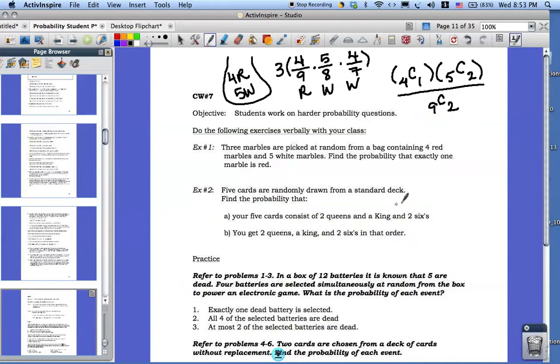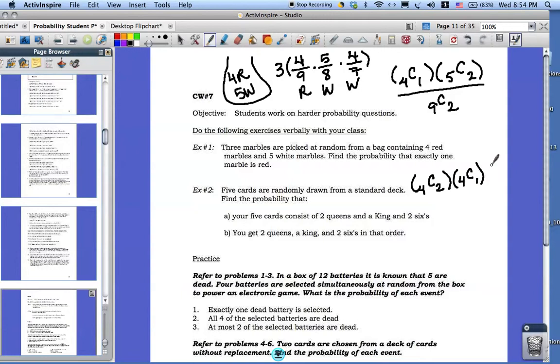In example number 2, thinking this way, you want to come up with 2 queens, a king, and 2 sixes. And you don't care about the order. So 2 queens means that you're going to be choosing 2 out of the 4 queens. A king means you're choosing 1 out of the 4 kings.